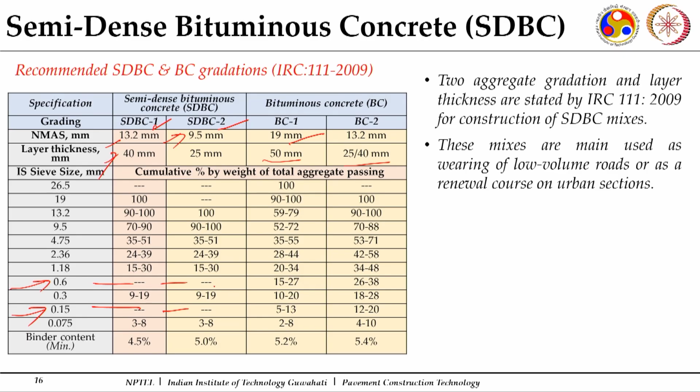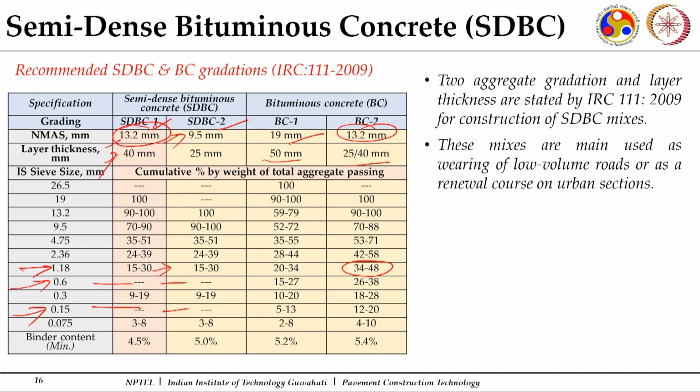The stress on this particular one is comparatively less. If I pick any gradation, say 13.2 for semi-dense bituminous concrete and 13.2 for bituminous concrete, and take the 1.18 mm sieve, my requirement is 15 to 30% of the material finer than 1.18 mm, whereas in the case of bituminous concrete it says 34 to 48% should be finer than this.